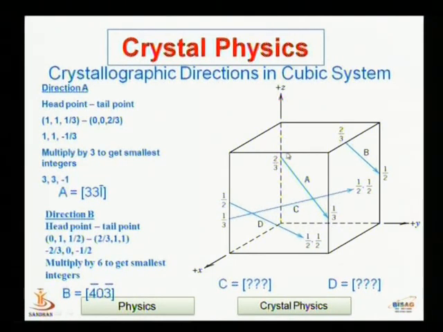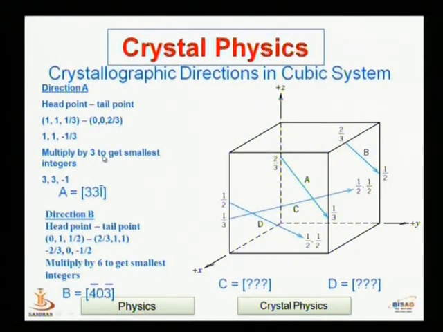At the tail of this vector, it is 2/3 along the z axis, so the tail is 0 0 2/3. Subtract the coordinates of the tail of vector A from the coordinates of the head, that is 1/3 1/3 1 minus 0 0 2/3, so this becomes 1/3 1/3 minus 1/3.